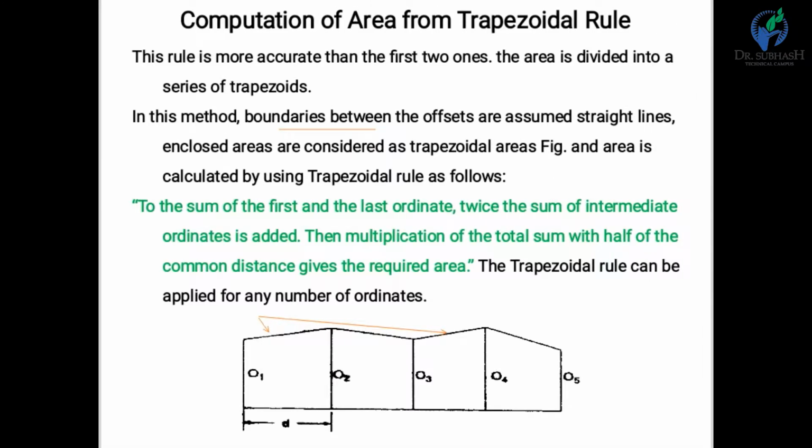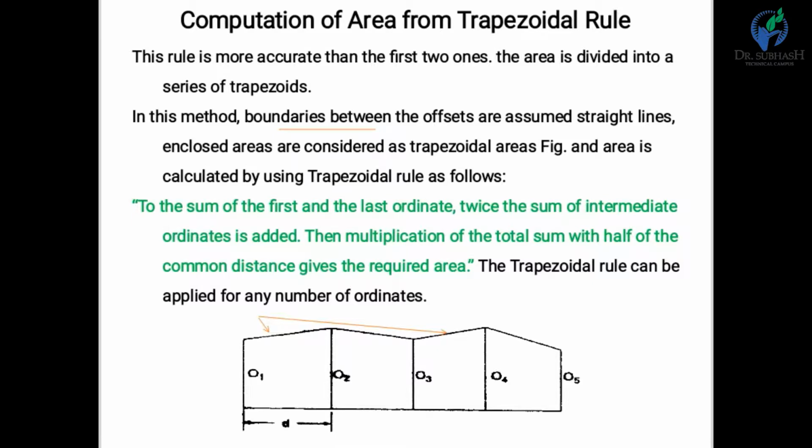The next rule is the trapezoidal rule. This rule is more accurate than the first two. In this rule, we divide the boundary areas into a series of trapezoids.